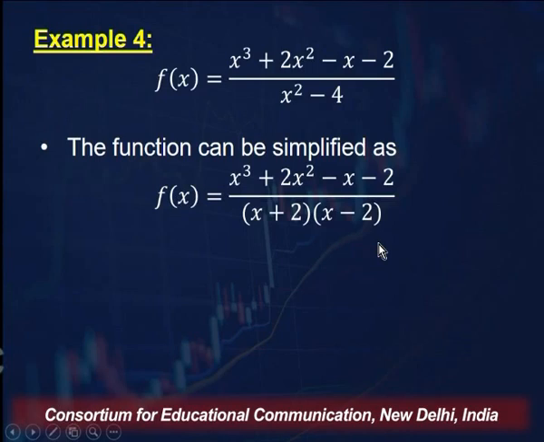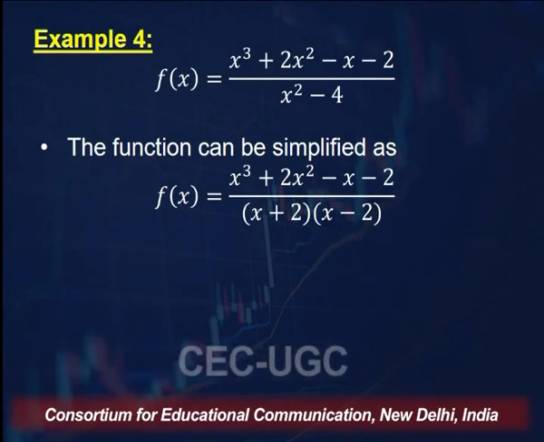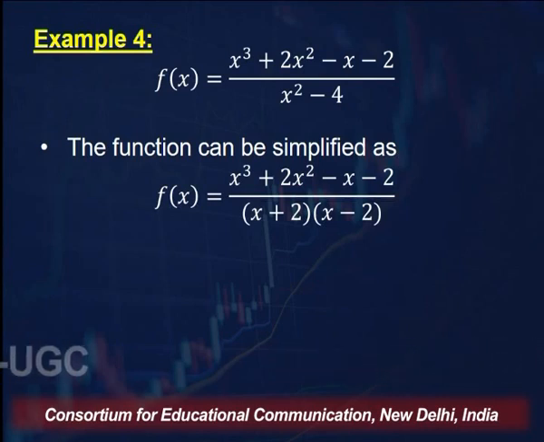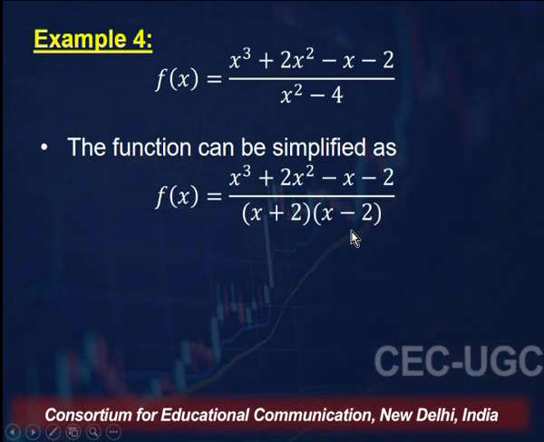Okay, now let's look at this example, which is quite interesting, and you will see that in a bit. This function is x cubed plus 2x squared minus x minus 2, divided by x squared minus 4. Now, if you notice, in this particular function, I can write the denominator x squared minus 4 as x plus 2 times x minus 2, okay?